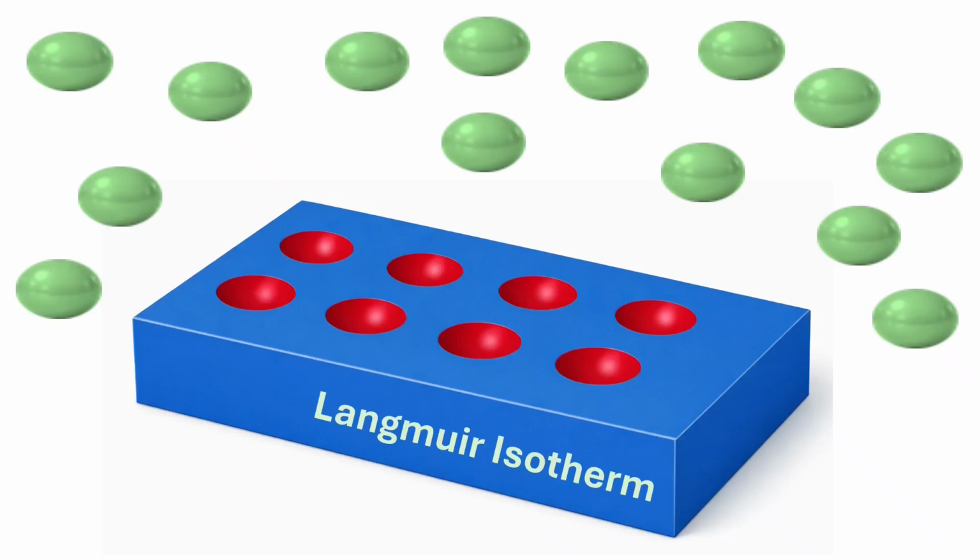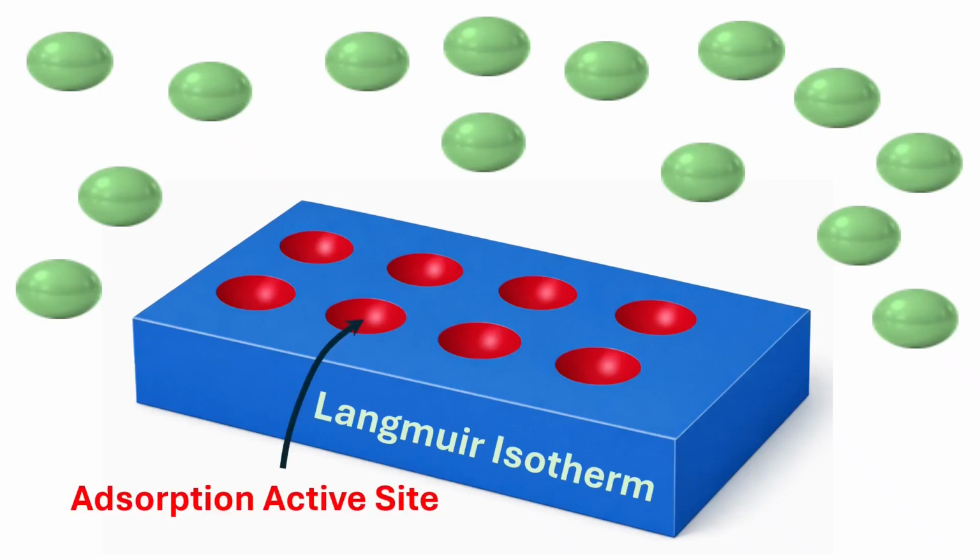In 1918, Irving Langmuir first introduced that a solid surface has a fixed number of equivalent adsorption active sites, and adsorbed molecules can form a single layer, that is monolayer. This was the first theoretical foundation of sorption isotherm. We can consider a solid surface with fixed active polar sites to adsorb water molecules.